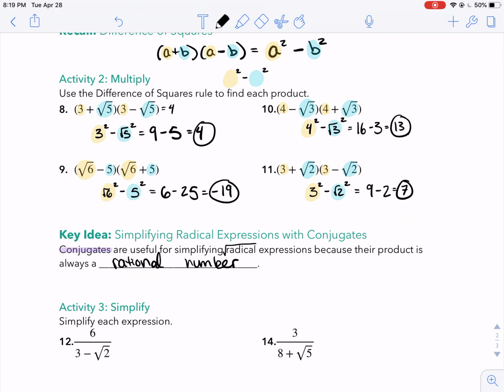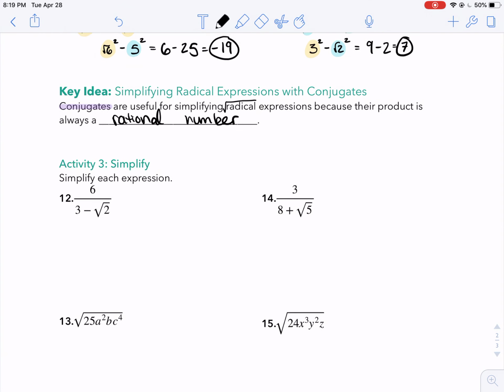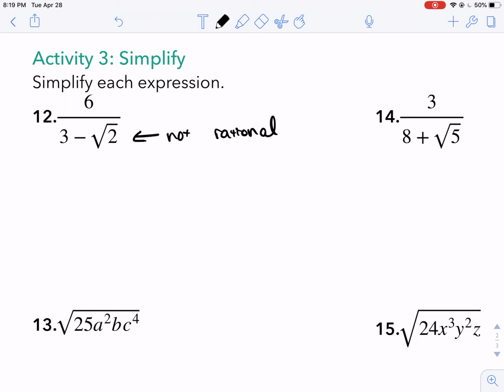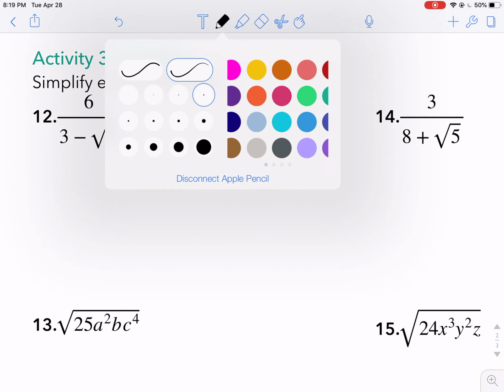We're going to use this fact to help us rationalize the denominator. So here in our activity 3, you'll notice that our denominators are not rational. Yikes, it's got a square root in it, and we want to clean that up. So what we're going to do is multiply by its conjugate.